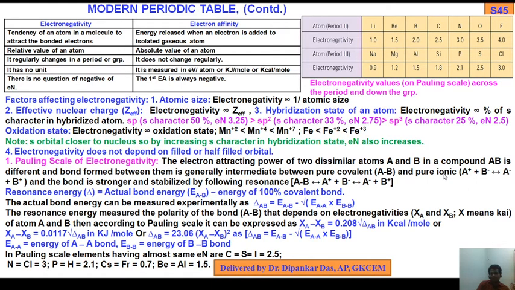So electronegativity is directly proportional to the percentage of s character. In sp, 50% s and 50% p, so the percentage of s character is high and electronegativity is also high, 3.25 greater than 2.75 greater than 2.5.